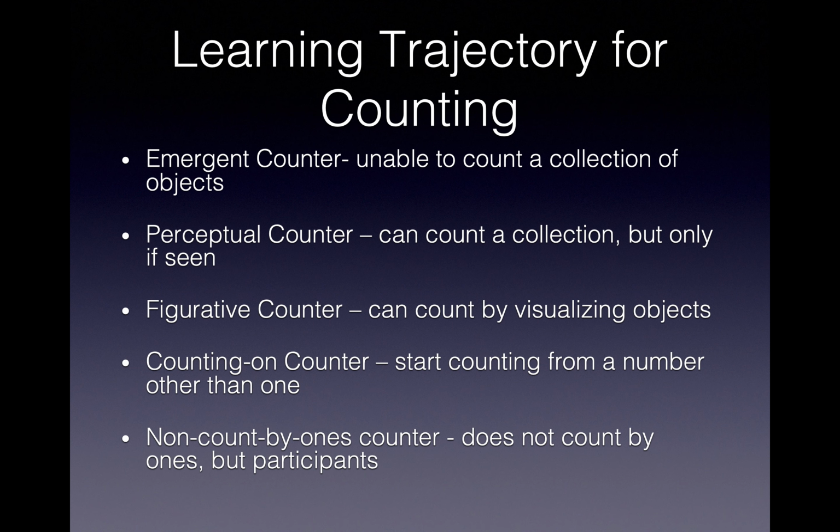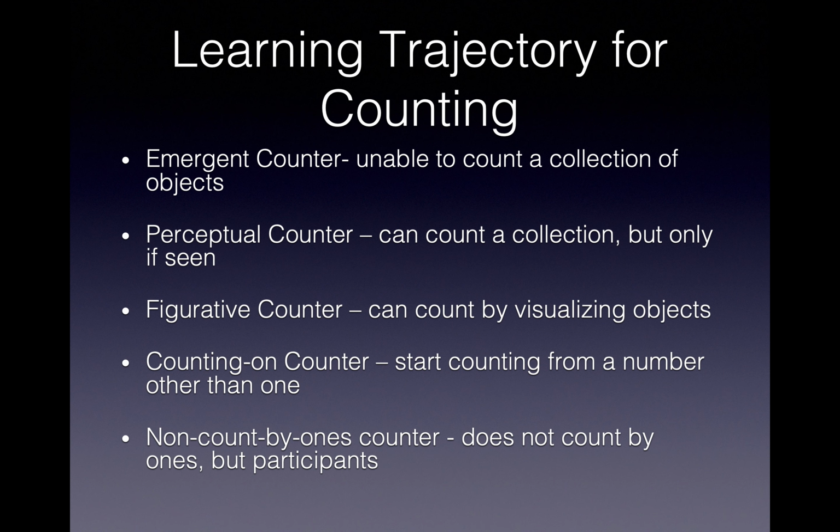So if I have a large pile of, say, beads that are randomly disorganized, a child may have problems counting that set if they can't create a structure for how to organize those beads. However, if it's presented in a line, a child might be able to actually do it. So it's not necessarily that you can or you can't, but it's circumstantial and based off of how the objects are configured. But an emergent counter is one that cannot count a collection of objects at this time.